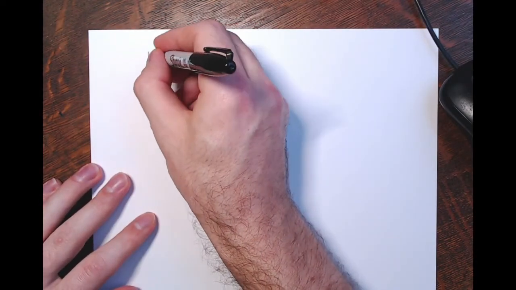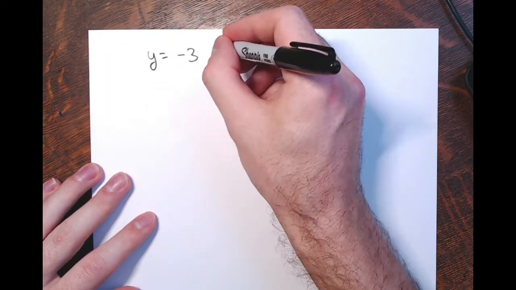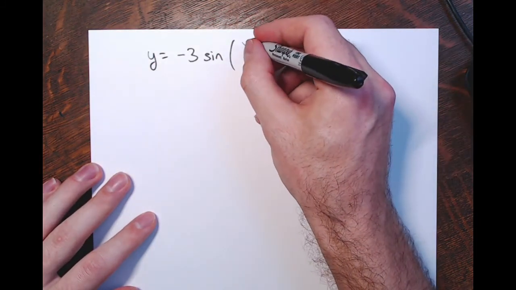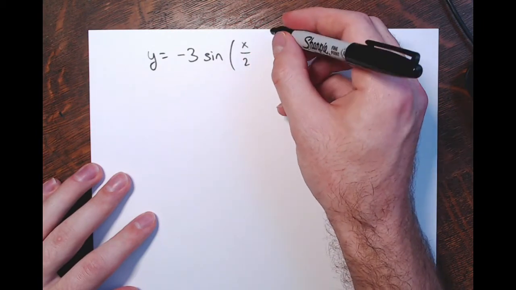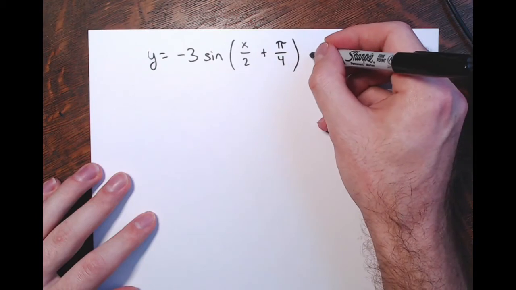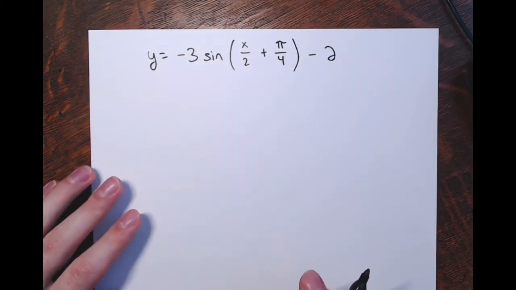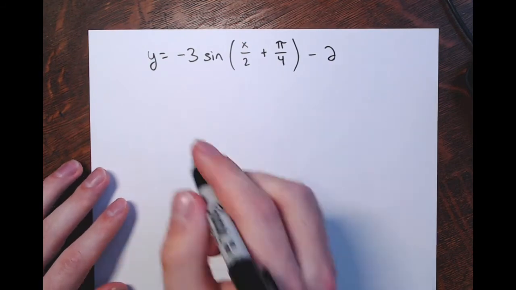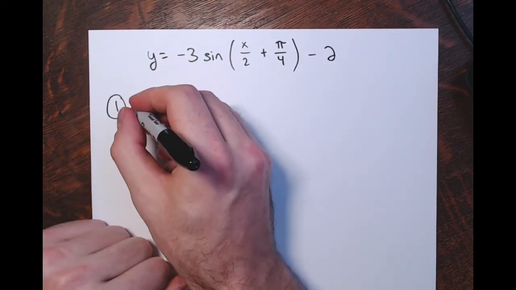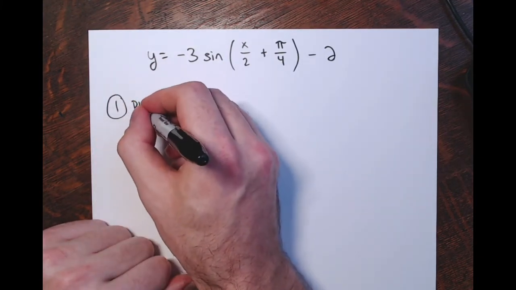So we're given y equals negative 3 times the sine of x divided by 2 plus pi over 4 and then minus 2 after. Alright. So the first thing I like to do is determine the phase shift and where I'm going to start drawing my first cycle.